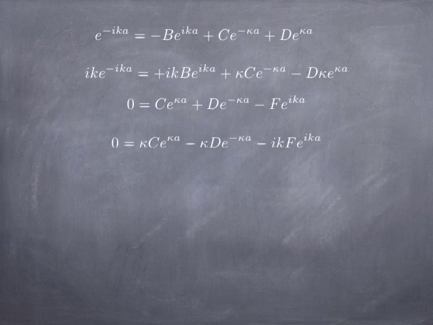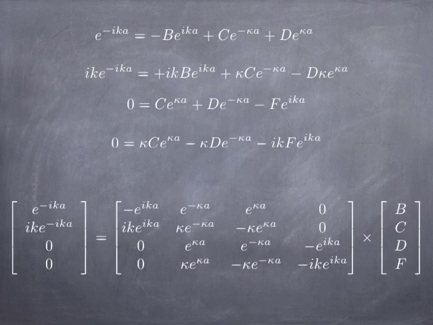So you think of the constants on the left as a vector, you think of the functions that multiply the coefficients as a matrix, and then of course the vector of unknown coefficients B, C, D, and F shows up as a vector on the right. How do you solve that problem? Well, linear algebra dictates that you take the inverse of the matrix and multiply both sides by its inverse, and out come the unknown coefficients.